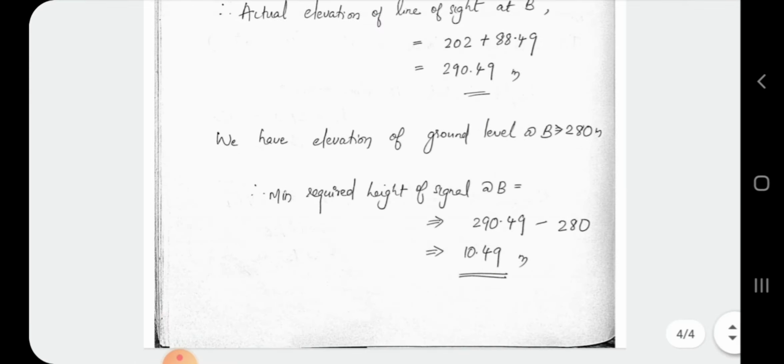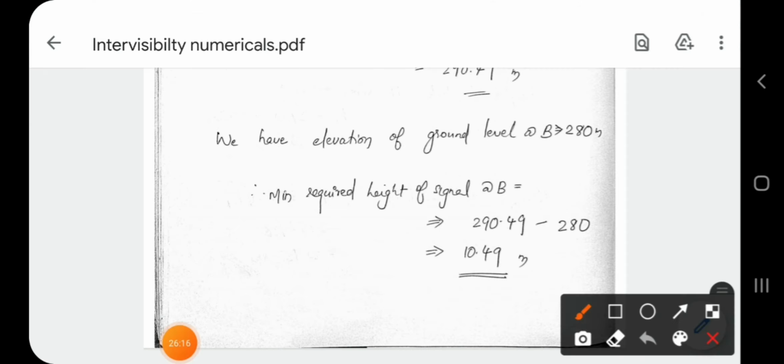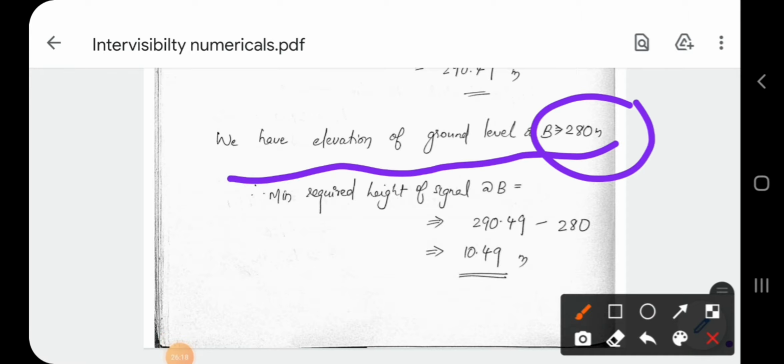So now we have to check if our station is above the line of sight or below the line of sight. Okay, so we already know that the elevation of ground level is 280 meters, that is given in the question.